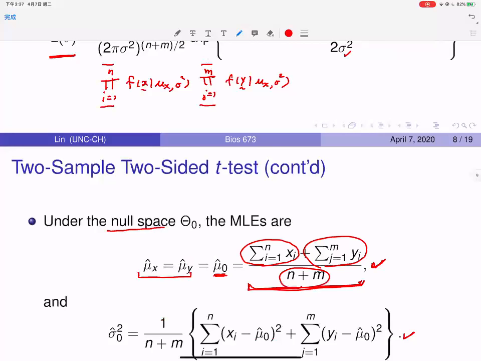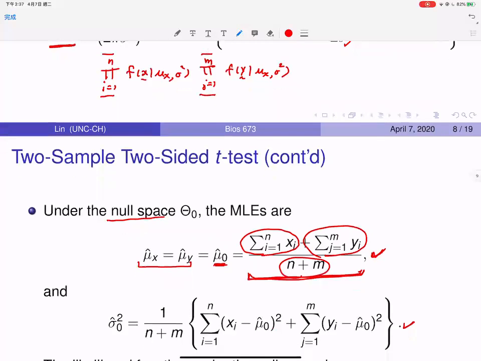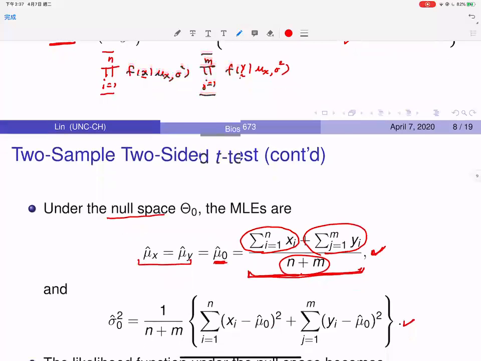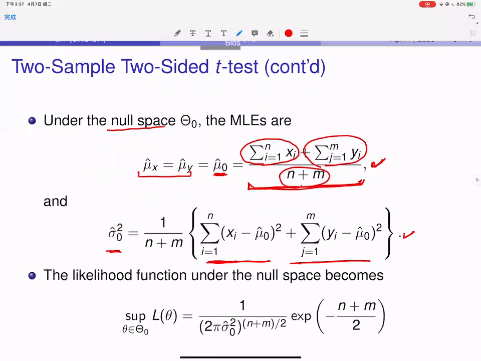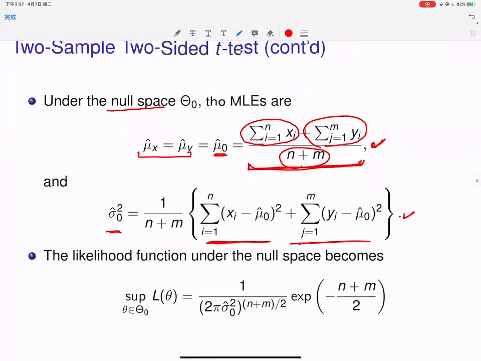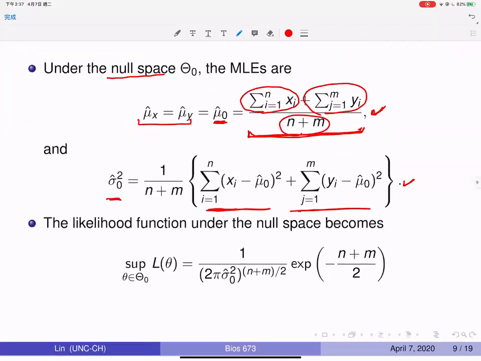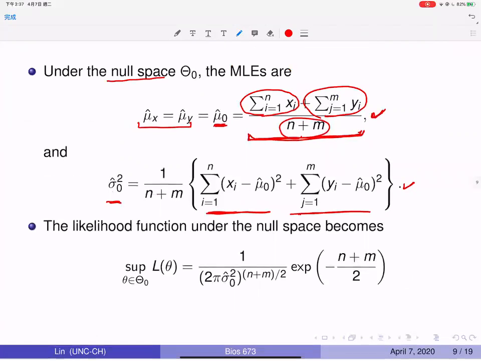Nothing but that. Derivation: your sigma square is right here. Plug in mu as mu 0 hat. I'm not going to run through the detail, but if you derive it, you will see that.